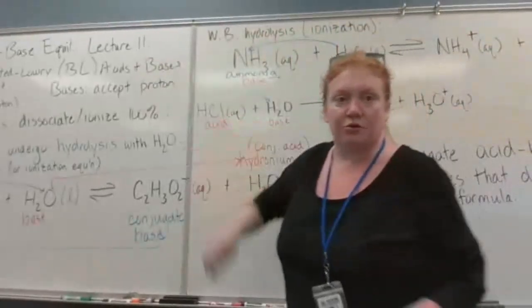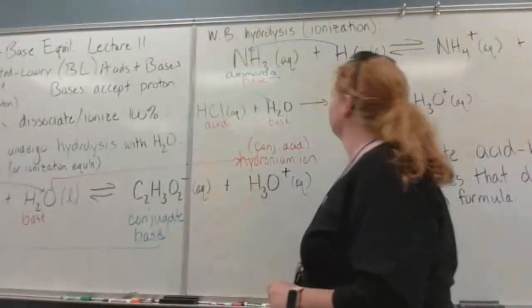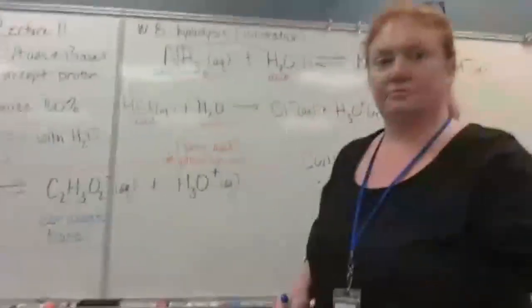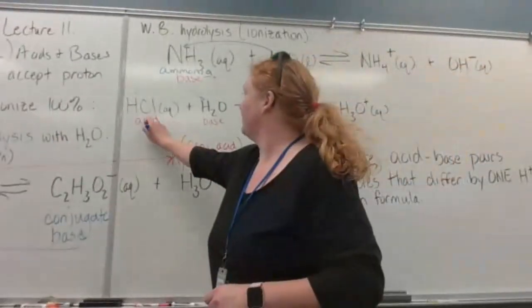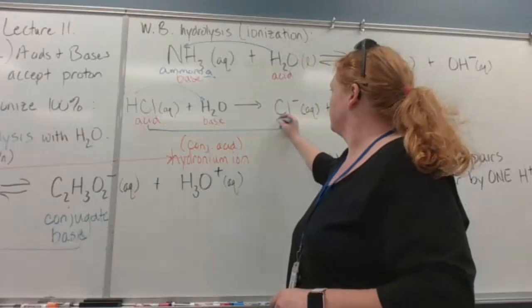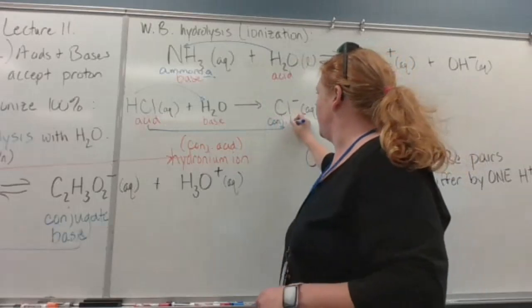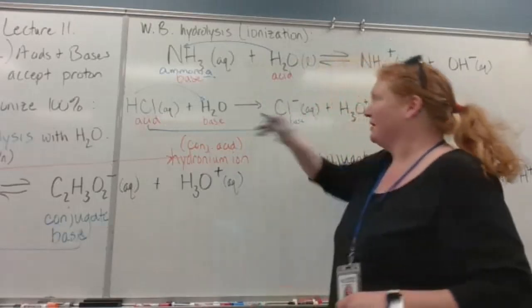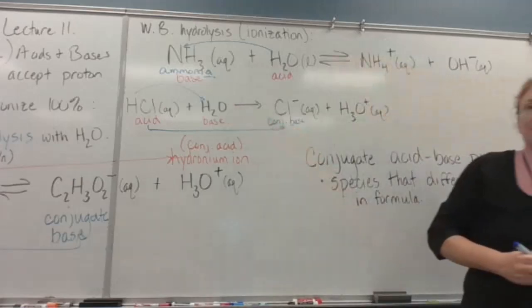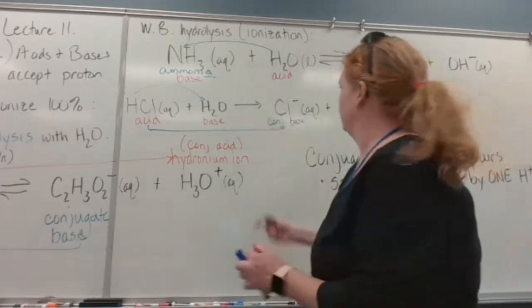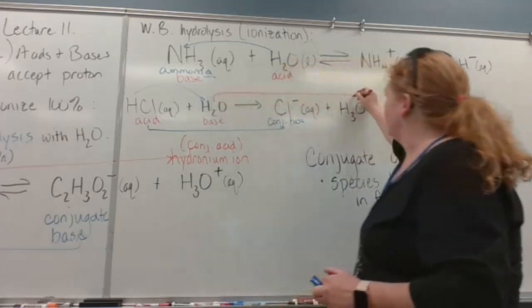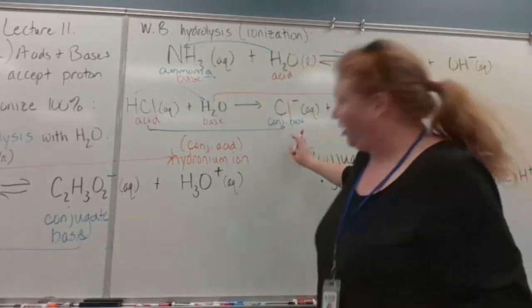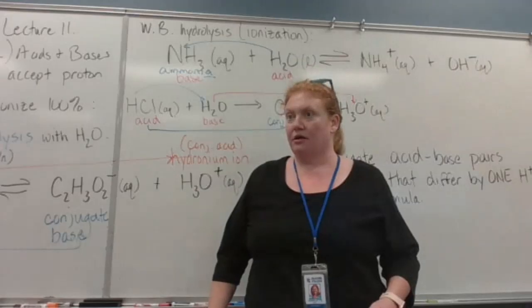It's the conjugate base of hydrochloric acid, the chloride ion, right? Conjugate base. Where's the conjugate acid of water? Is H3O plus always the conjugate acid of water?